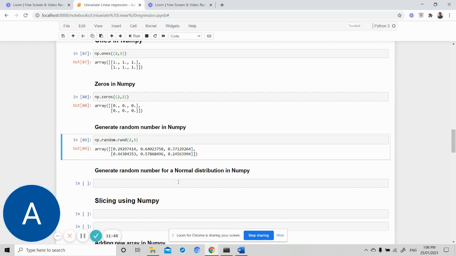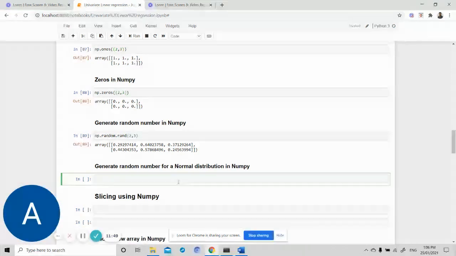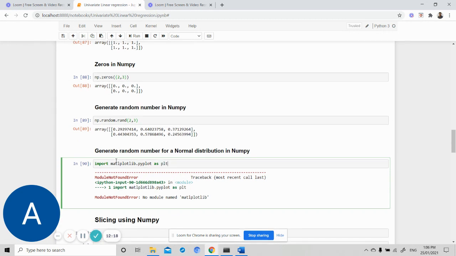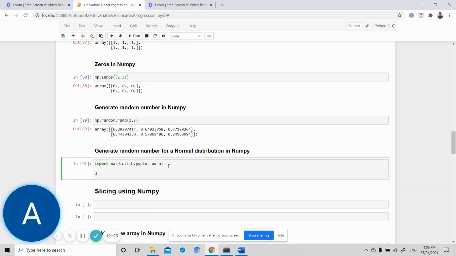If we need to create random numbers for a normal distribution, it is like the standard normal value where we calculate the z-score. So to generate random numbers for a normal distribution, suppose my mean is 5 plus np.sqrt(3) times np.random.randn, which gives us the normal distribution.